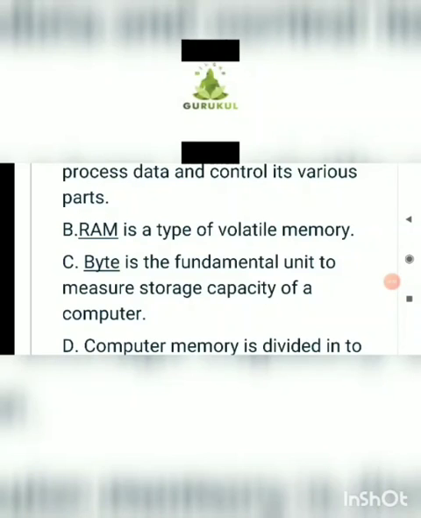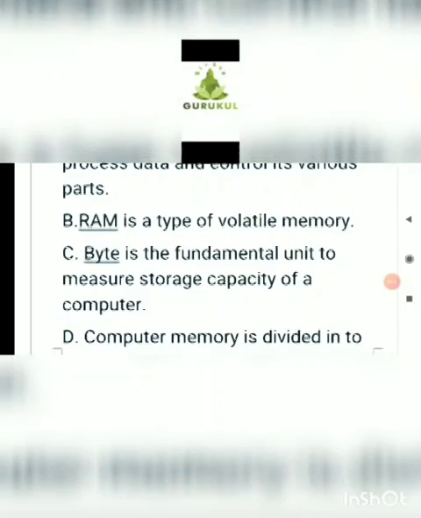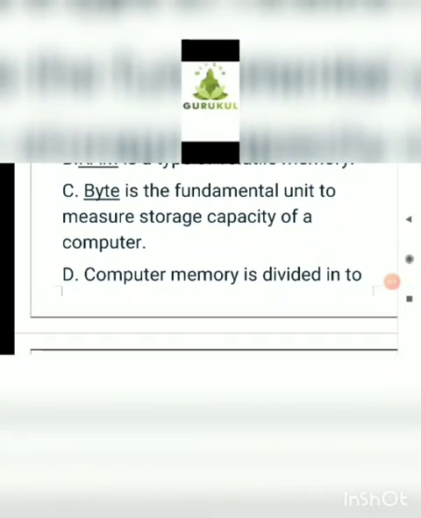This is known as the binary format. Each 0 and 1 is known as a bit, and a group of 8 such bits is called a byte, which is the fundamental unit to measure storage capacity of a computer system.